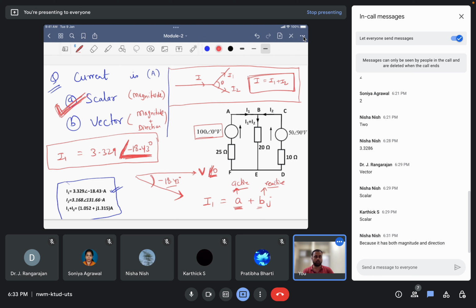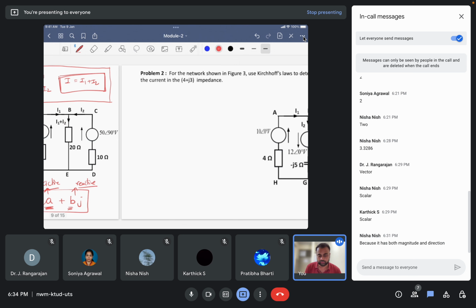We'll come across active and reactive power in later modules. Mainly the active power is related with the resistance, and the reactive power is associated with an inductor or a capacitor kind of element in our circuit. We'll be seeing this in later modules, but for the time being, current is a scalar quantity. Why? Because it doesn't follow the vector law of addition.